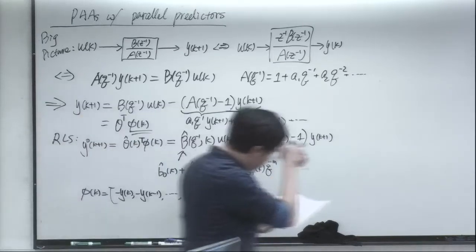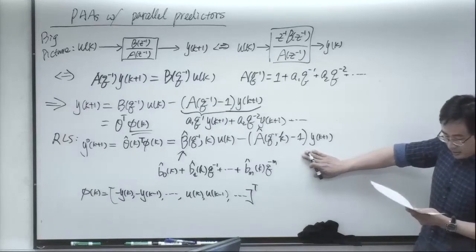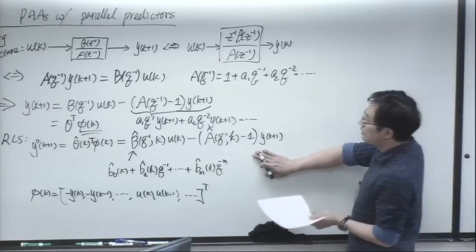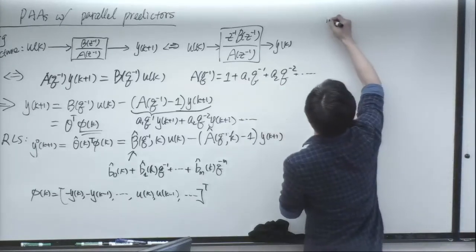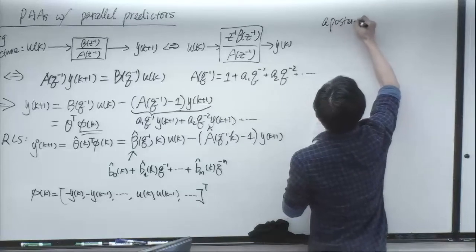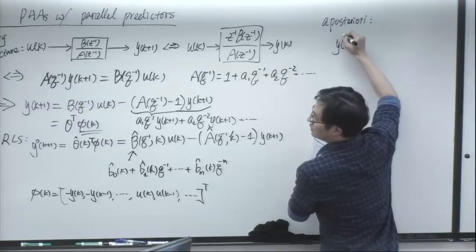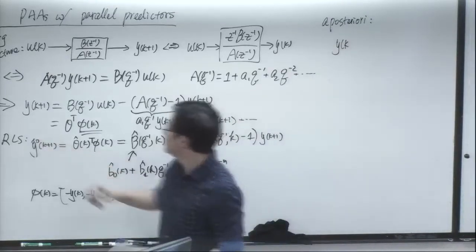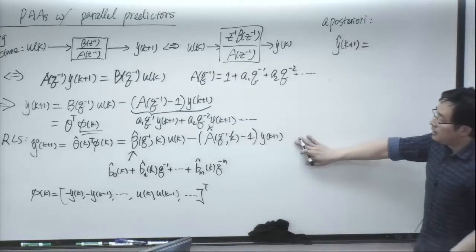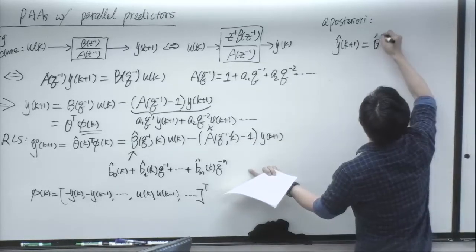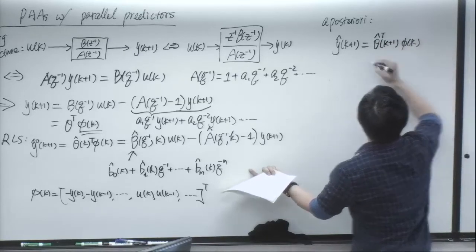Let's take a look at this prediction structure more carefully. This is the a priori prediction. So the a posteriori prediction looks as follows. y hat k plus 1 is theta hat transpose k plus 1 phi k.